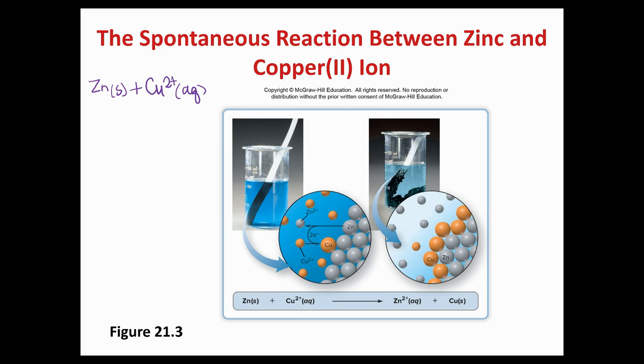The zinc's over on this side in this flask, and it is going to start to react, and electrons are going to start coming out of it. We're going to force it through a wire to the other strip of metal on the other side, but that's going to be going through there and reacting with the copper 2 that's in that solution.